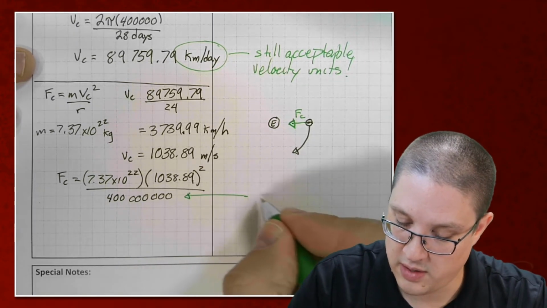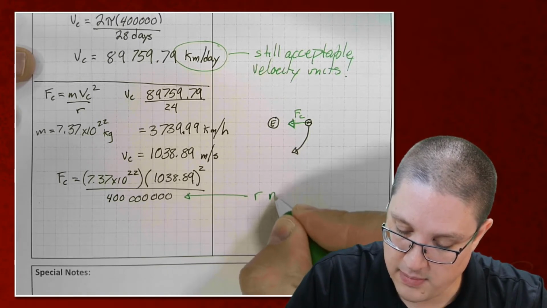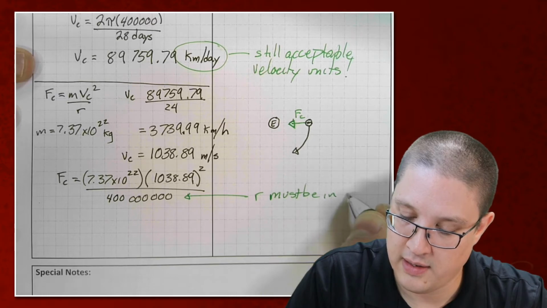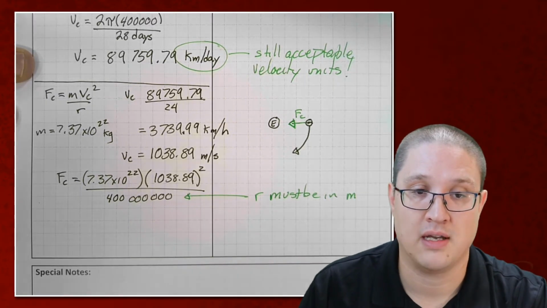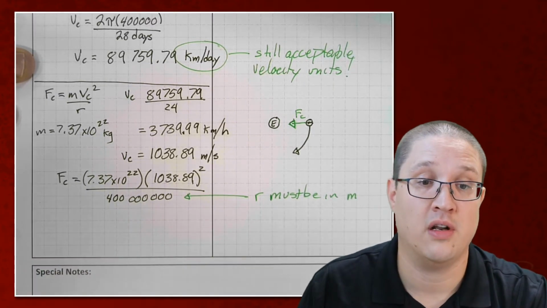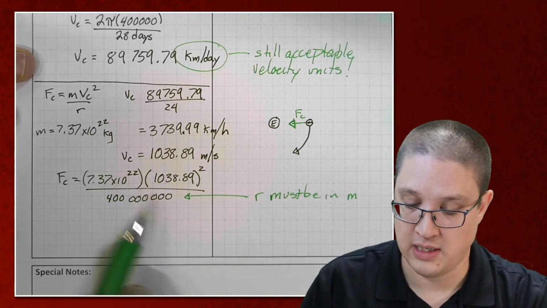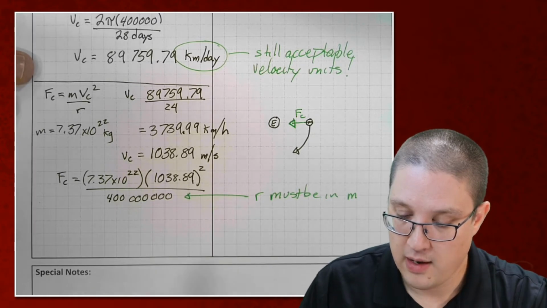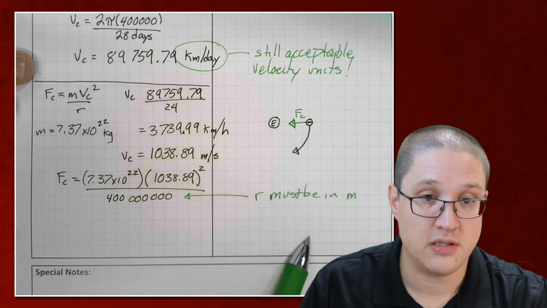Notice here that my radius must be in meters. Otherwise, my force units are going to be weird, because if I want newtons, I need to have meters, meters per second, and kilograms. So my radius must be in meters.